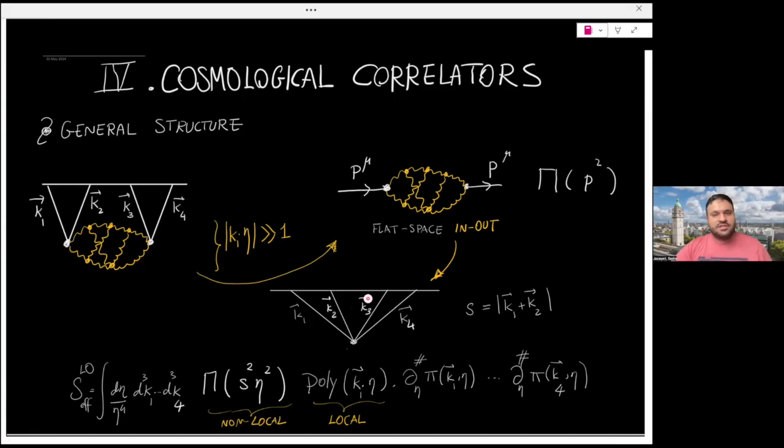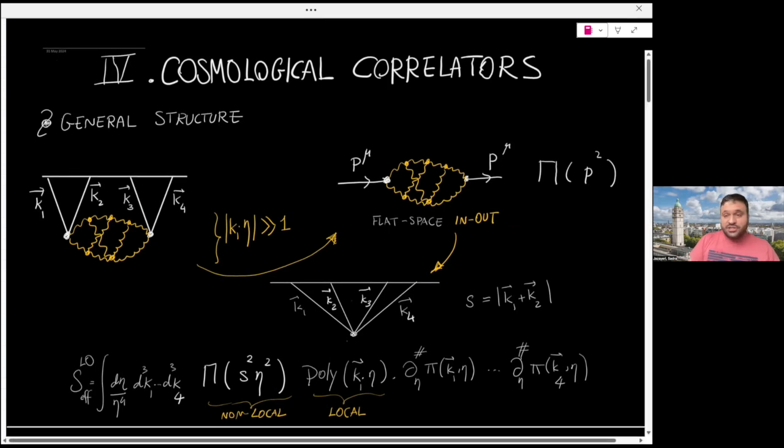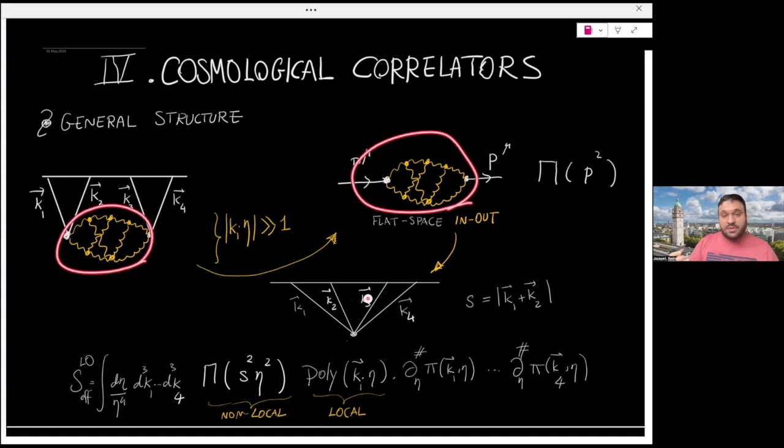The non-local effective action that Sebastian described can be used to compute cosmological correlators. Essentially, the interactions due to the heavy field, so the exchange and the circulation of the massive field, happen in the flat space limit, where I can think of this blob as some interactions happening in flat space.